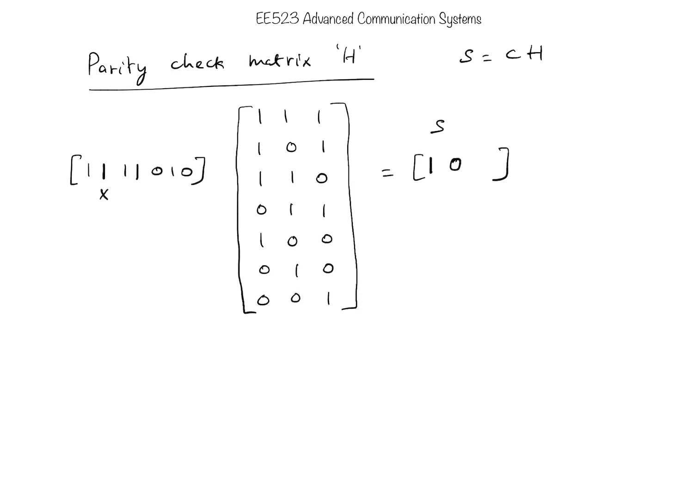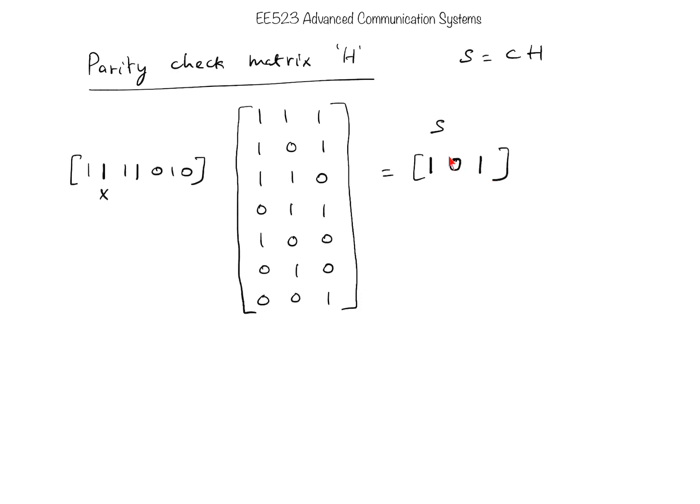So we have a total of 3, and 3 modulo 2 will become 1. So we get the syndrome as 101. If you notice now, the syndrome matches the second row of the parity check matrix. So clearly the error is here in the second position.